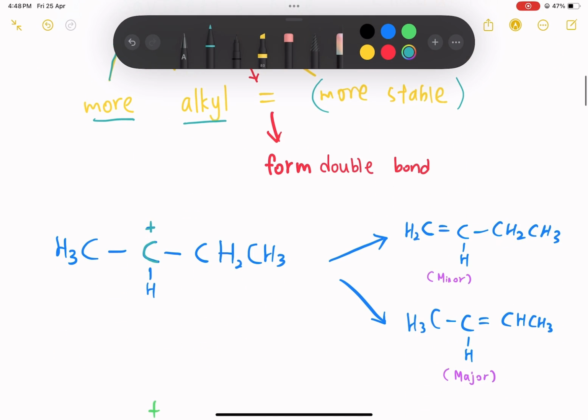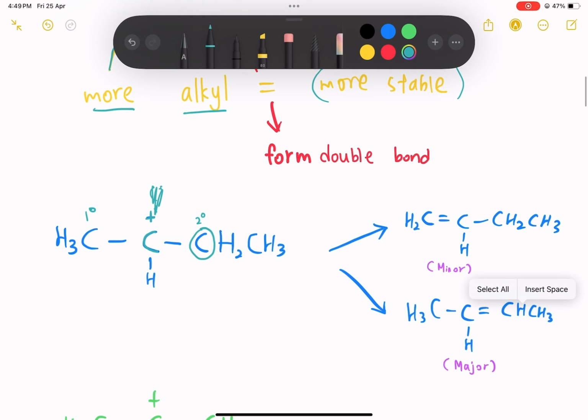So when you see here, there are 2 types of carbon adjacent to the carbocation, one at the right hand side and one at the left hand side. You can see that at the right hand side, this is a secondary carbon, but this one is a primary carbon. So it means that this C will be our target because it has more alkyl. It is attached to more C.